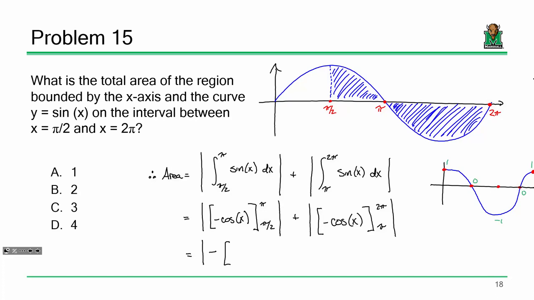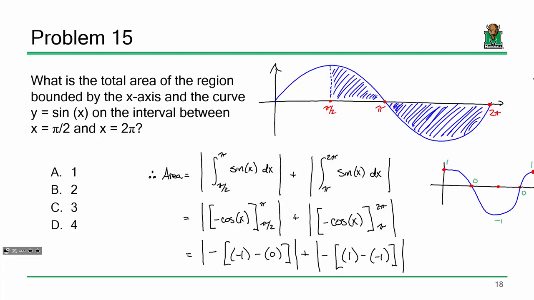So I'm just dealing with the cosine of x. So it's minus 1 minus 0 plus, take the minus out, then it's 2 pi, which is 1 minus minus 1.